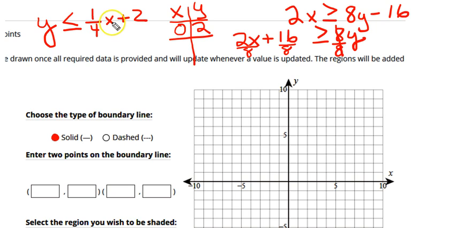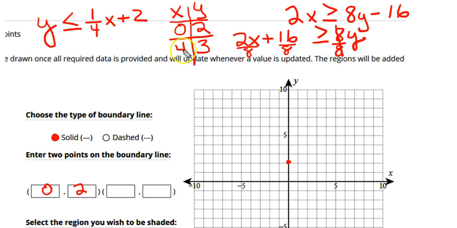And if x is 4, notice what happens here. The 4's will cancel out, and we get 1 plus 2 is 3. So there's a nice ordered pair. 0, 2, and then that'll appear as 0, 2 right there.